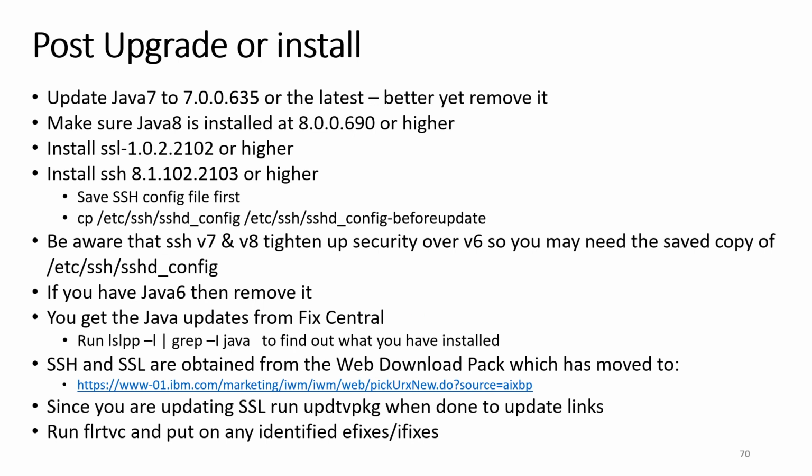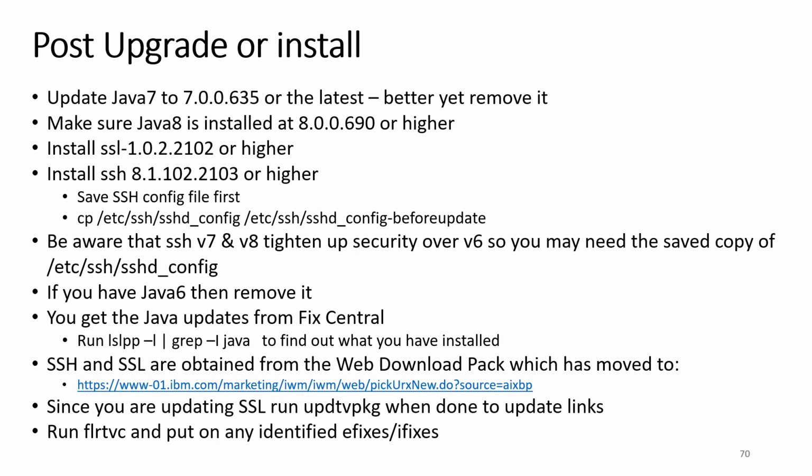After the upgrade or install, you're going to want to update Java, SSH, and SSL, get those all cleaned up, and remove the old versions of Java like Java 6 and Java 7. And when you're done with updating SSL, and this is something you should do whenever you update SSL in any LPAR, you should run updtvpkg. If you don't do that, the links don't get updated and some of your third-party software may fail.